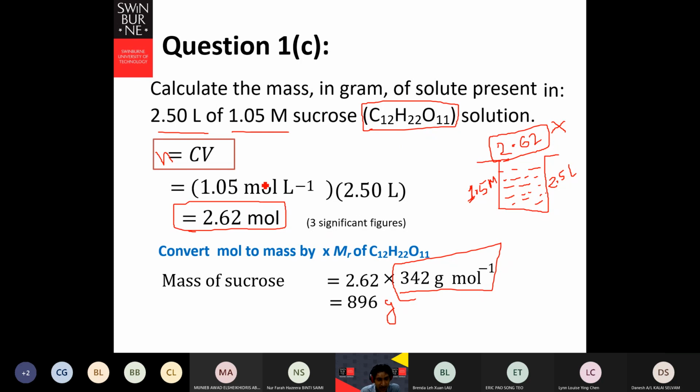Can anyone tell me how many molecules of sucrose will be there? How many molecules of sucrose are in there?